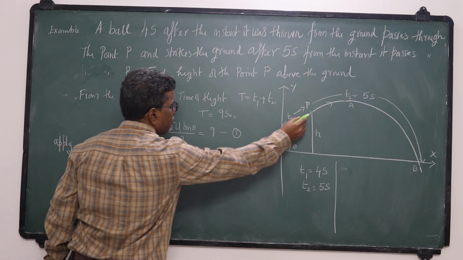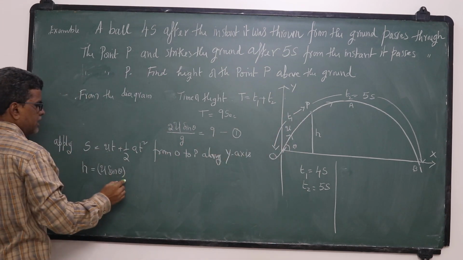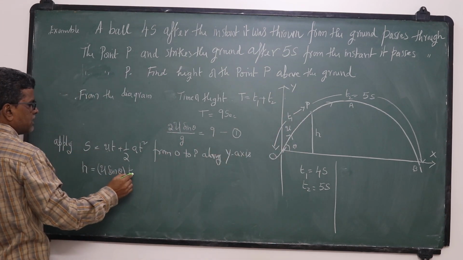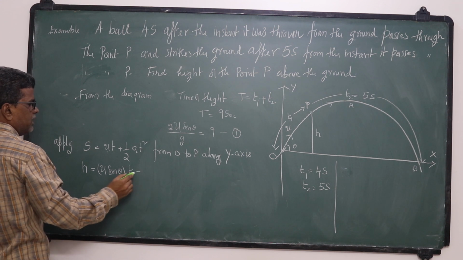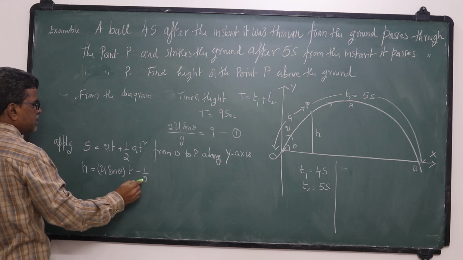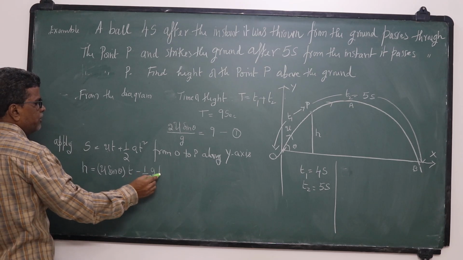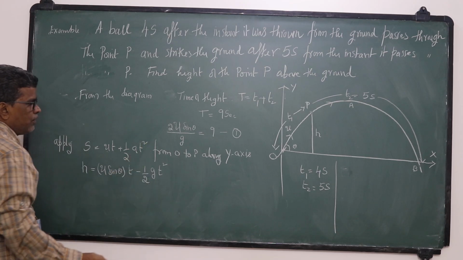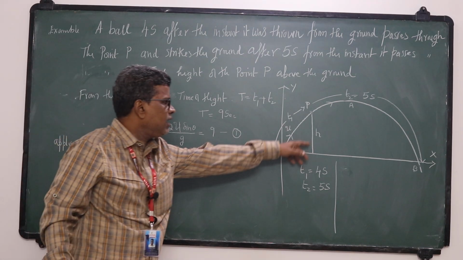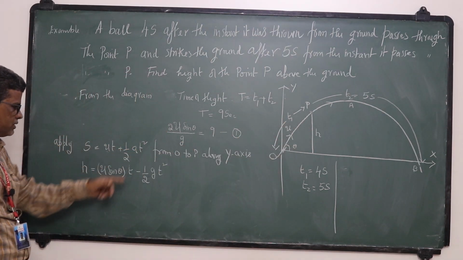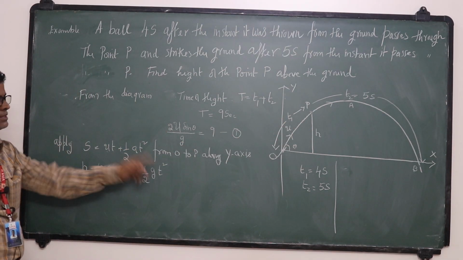From here to here it will take t1 seconds. Since it rises up, a is equal to minus g, so h equals u sine theta t minus half g t square.